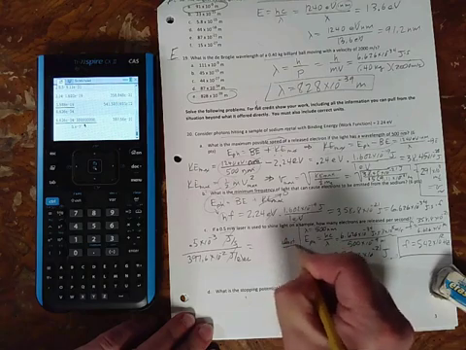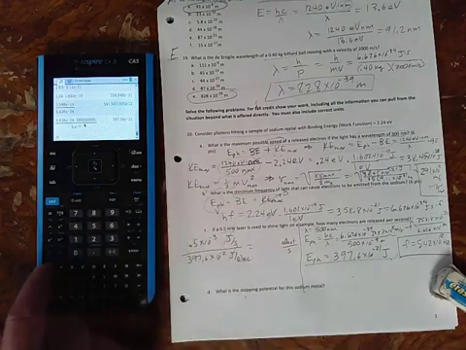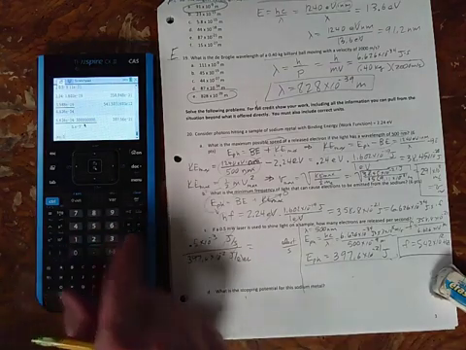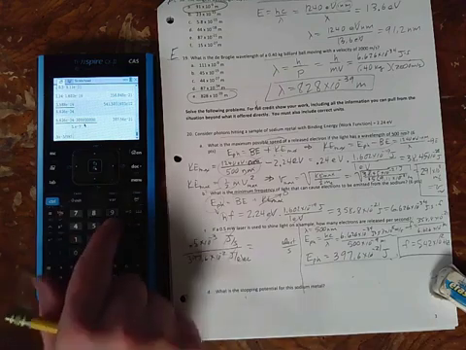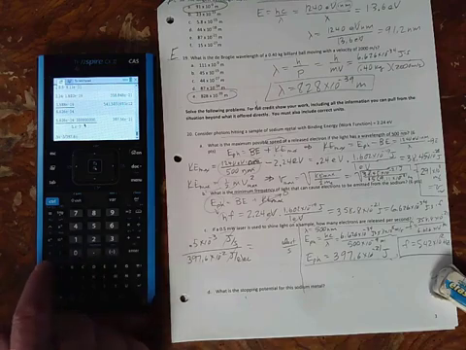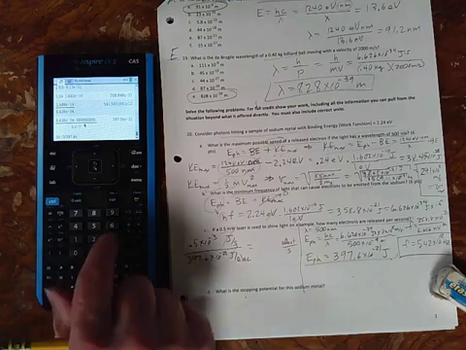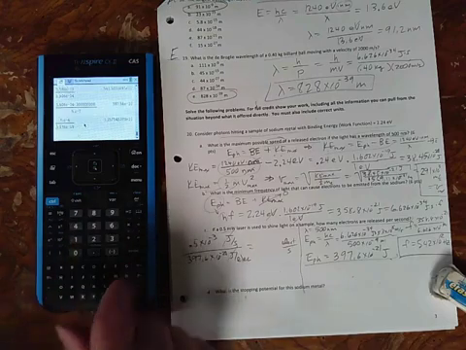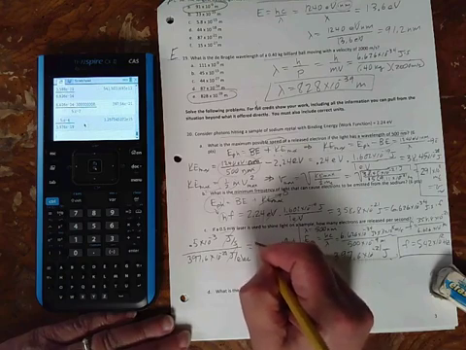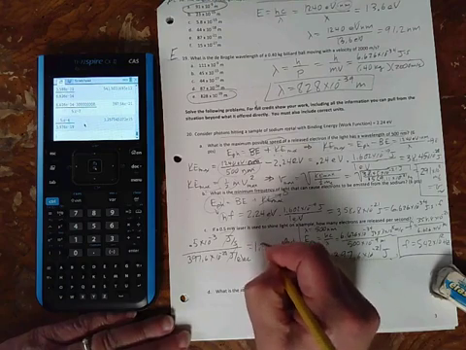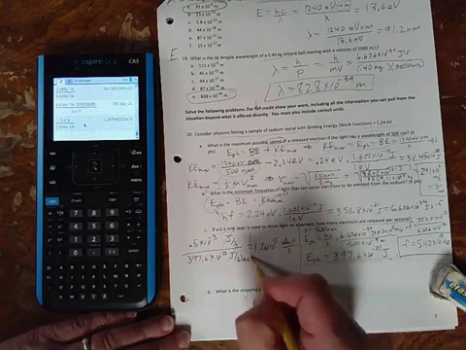And so let's just put those numbers in. 0.5 E negative 3 divided by 397.6 times 10 to the negative 21. So I get 1.26 times 10 to the 15th electrons per second.